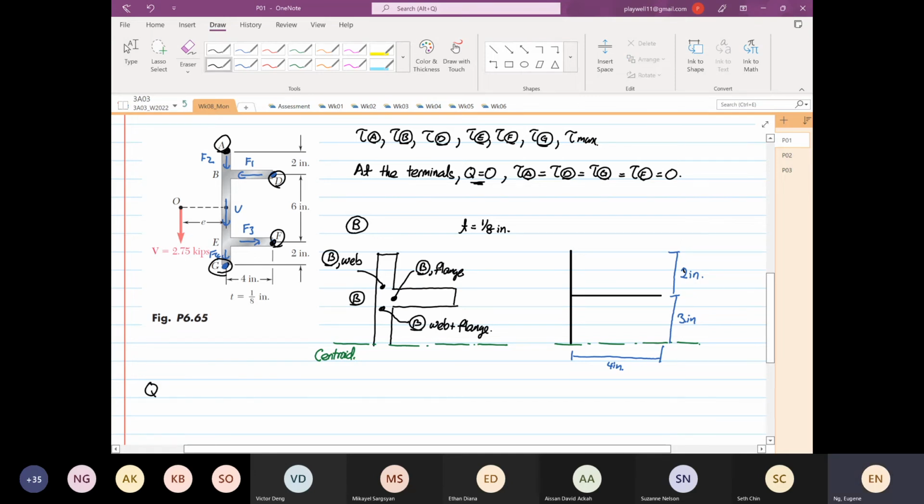We're going to find the Q of the flange, or Q at point B, flange. And this is also the same as point E, flange.